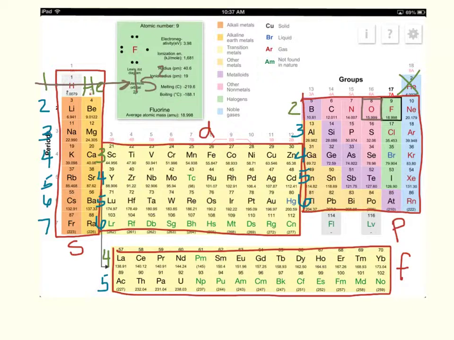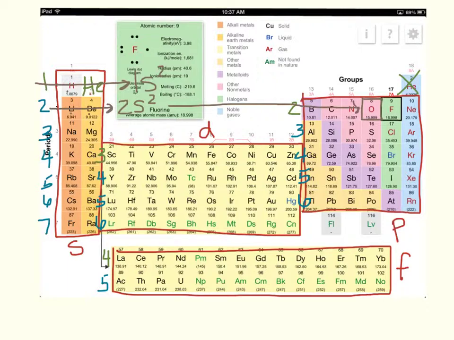Now I'm going to keep moving left to right until I get to my desired element. So I'm going to start in row 2. I go across, and since I went across row 2, that's energy level 2, and since I went across the S block, that's sublevel S, and I went through 2 elements, so that is 2 electrons. And now I keep going to the right until I get to oxygen.